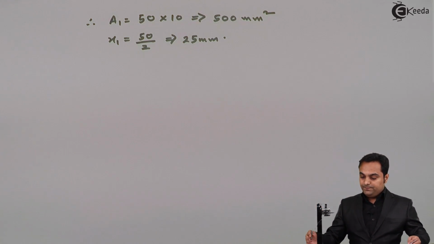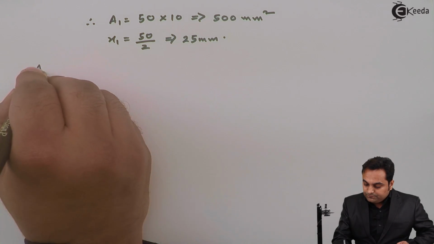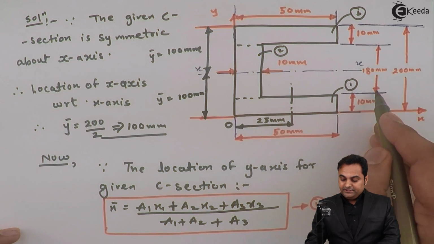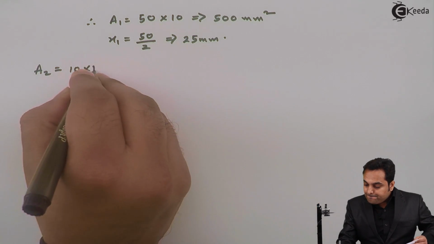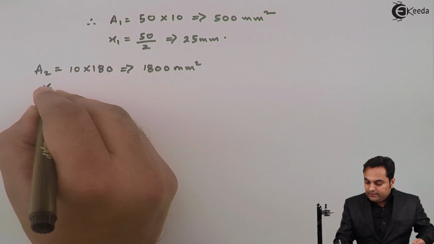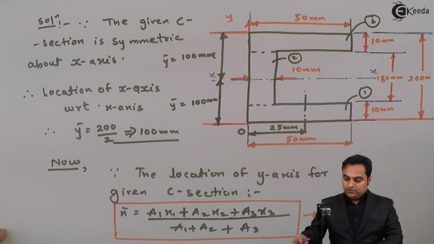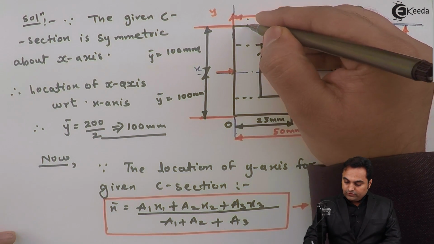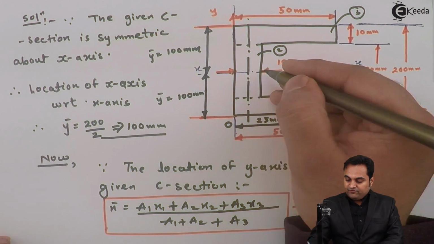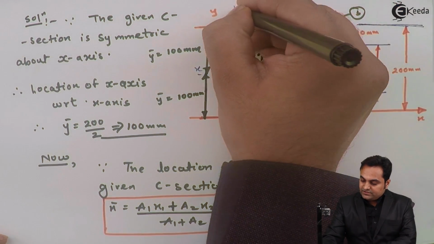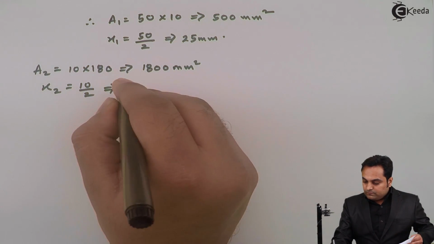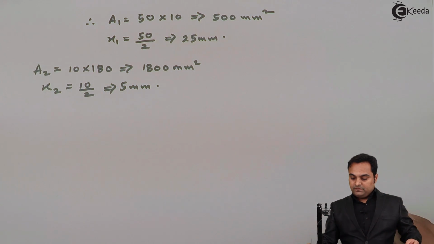Then similarly area 2 will be 10 into 180, and x2 will be, it means the y-axis for the second rectangle, and that is passing at half of 10, so this distance is x2, 5 mm.